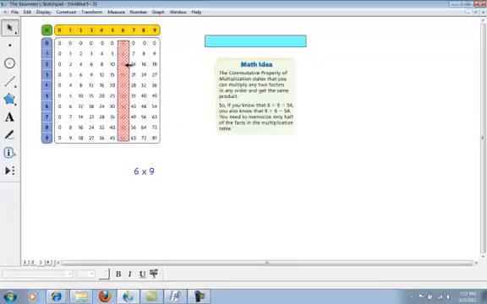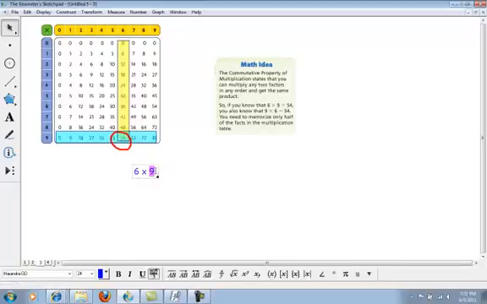I could go down the 6 column and I can go across the 9 row. And where they intersect would be my product. So I can see here that 6 times 9 is 54.